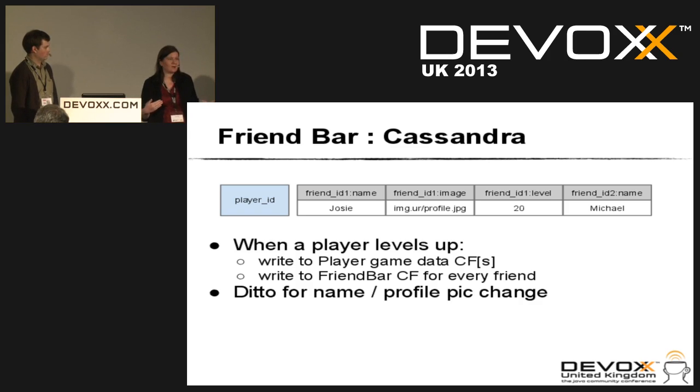Here, we'd be writing for 1,000 friends 1,001 rows. One for each friend's entry in the friend bar, and once for that actual player's game data. So it's worth thinking about different ways of modeling data, even if you're not using Cassandra and you don't have the right speeds that Cassandra gives you.